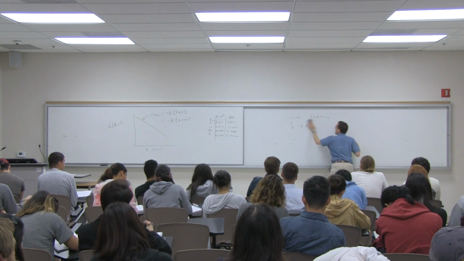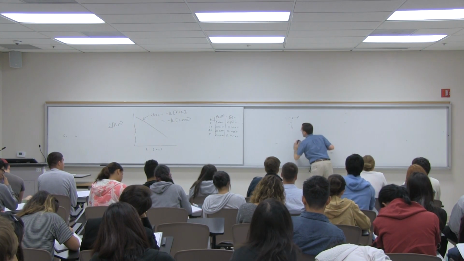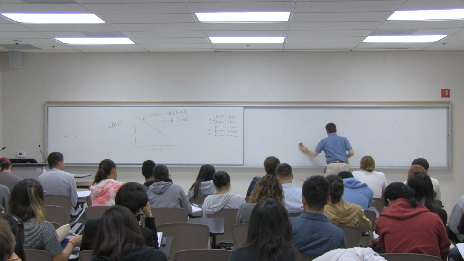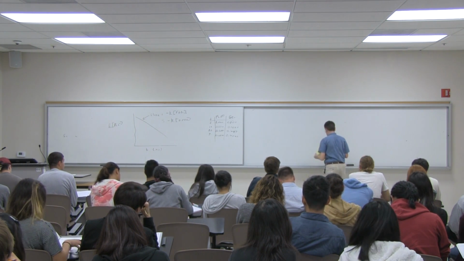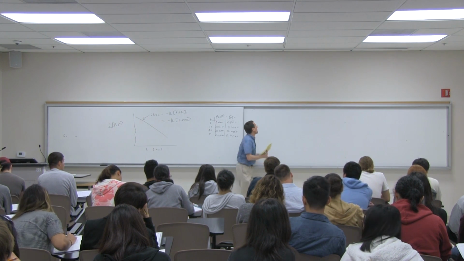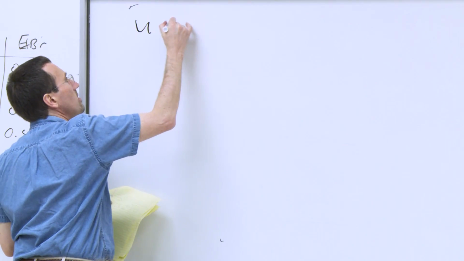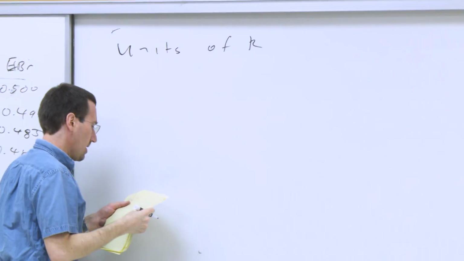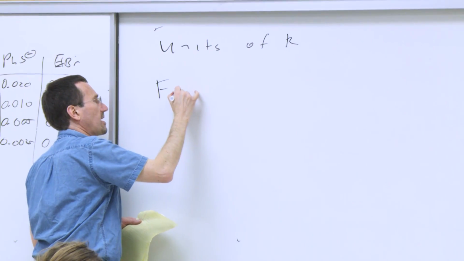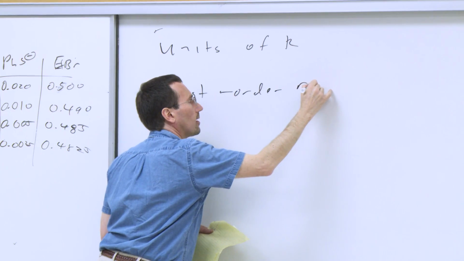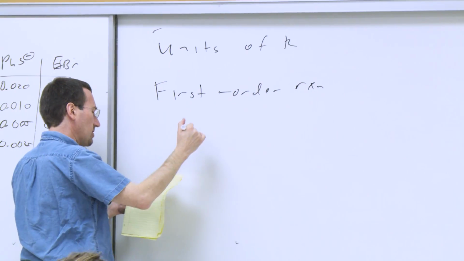So the last thing I wanted to take a moment to talk about is units and some basic dimensional analysis. I just want us to be cognizant of our rate constants here. So I'll say units of k. For a first order reaction, I just want to work through the dimensional analysis.